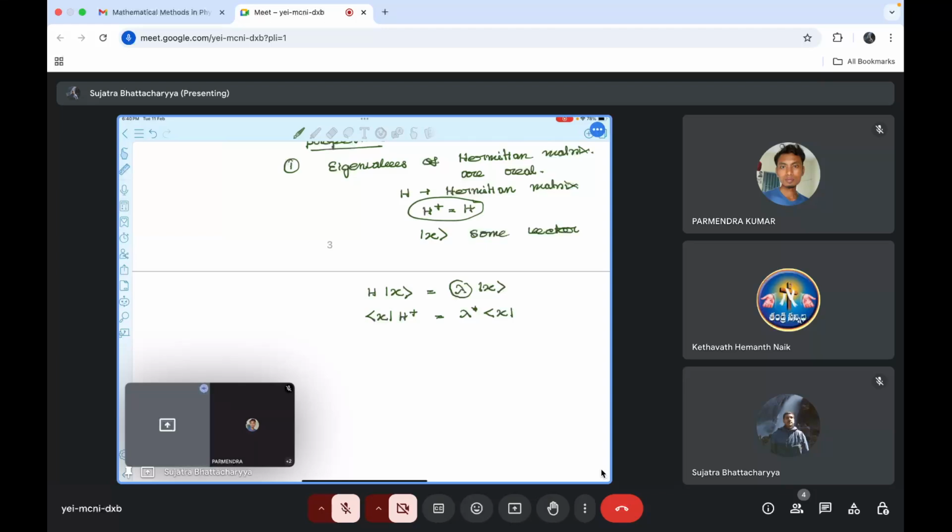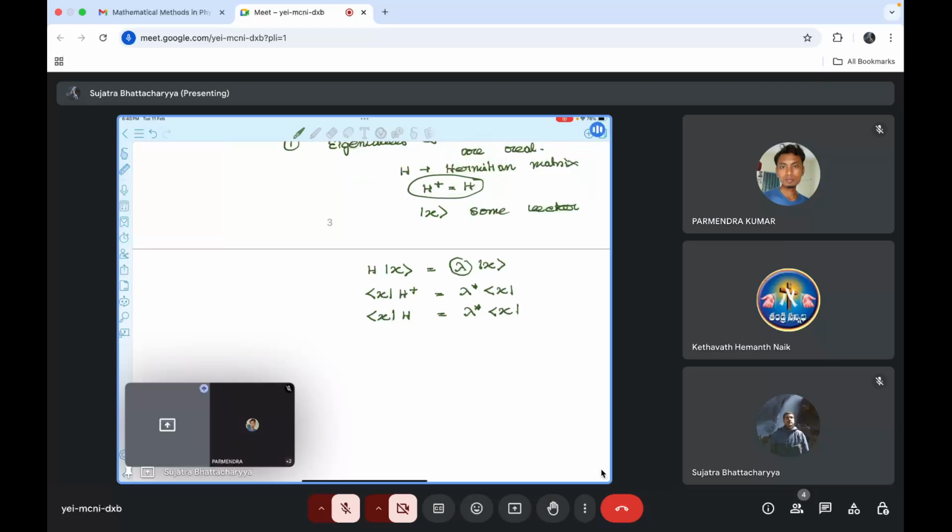Fine. What can we write next? X H dagger is what? It is H, nothing changes, because H dagger is H, a preliminary property of the Hermitian matrix. Now we will again operate this on X itself.